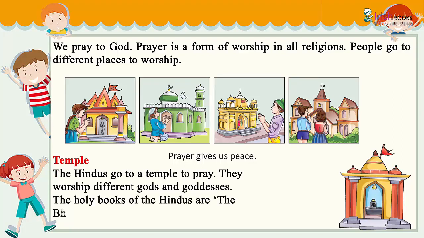Gives us peace. Temple. The Hindus go to a temple to pray. They worship different gods and goddesses. The holy books of the Hindus are the Bhagavad Gita and the Ramayana.